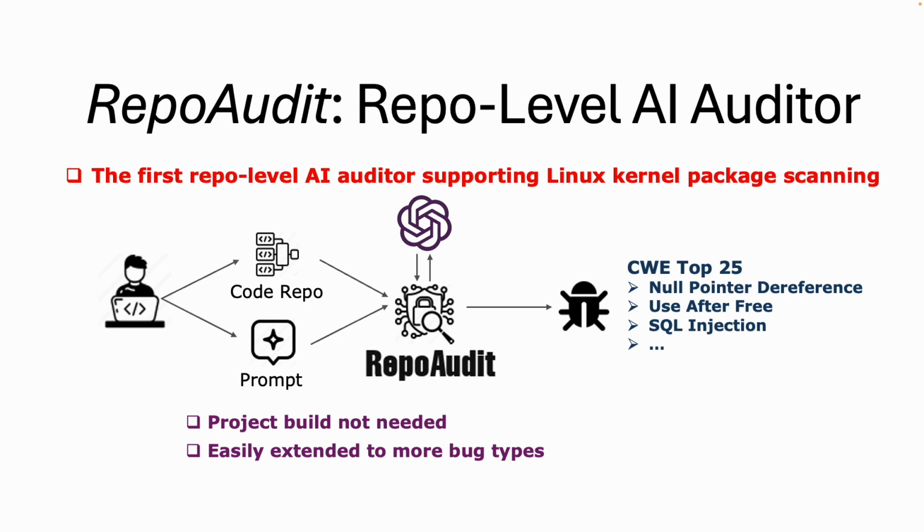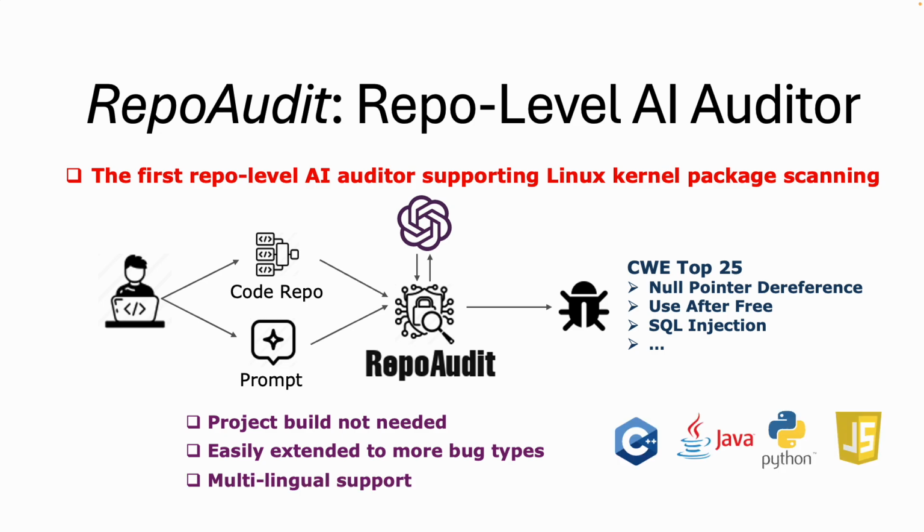Our current version can support the top 25 CWE bug types, including null pointer dereference, use-after-free, SQL injection, and so on. Third, RepoAudit has multilingual support. We can support analysis of programs in C, C++, Java, Python, and JavaScript.